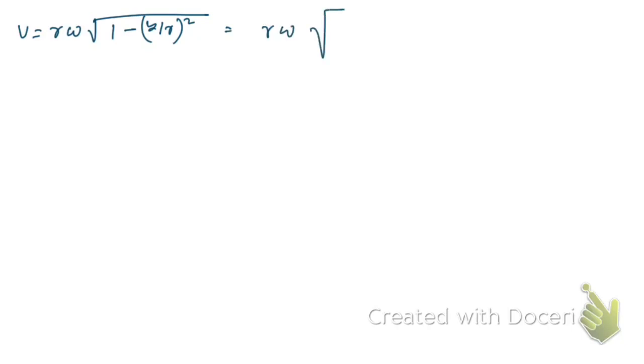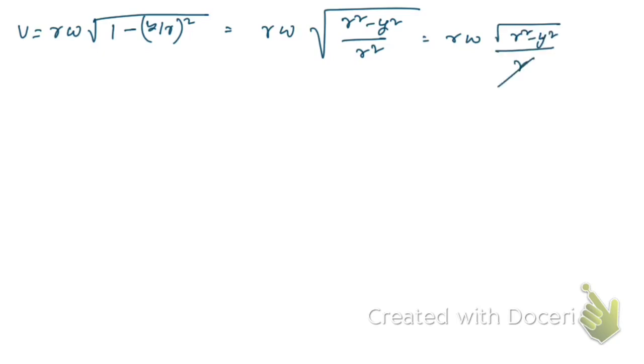So here is the last step we have got. If you simplify this, then you're going to get root over r square minus y square by r square, and that's going to be equal to r into omega root over r square minus y square by r, and this r cancels, so v is equal to omega root over r square minus y square.